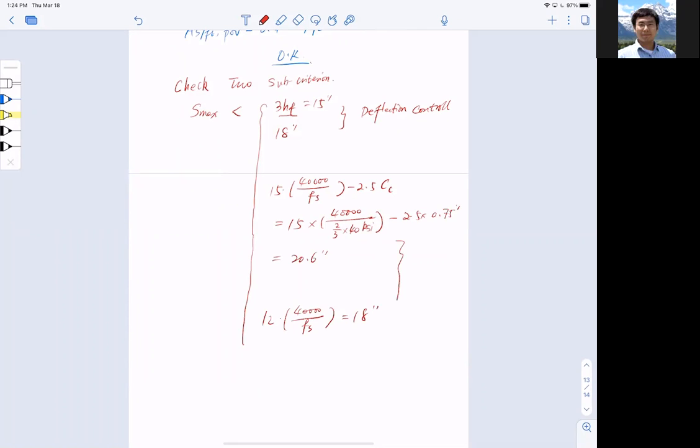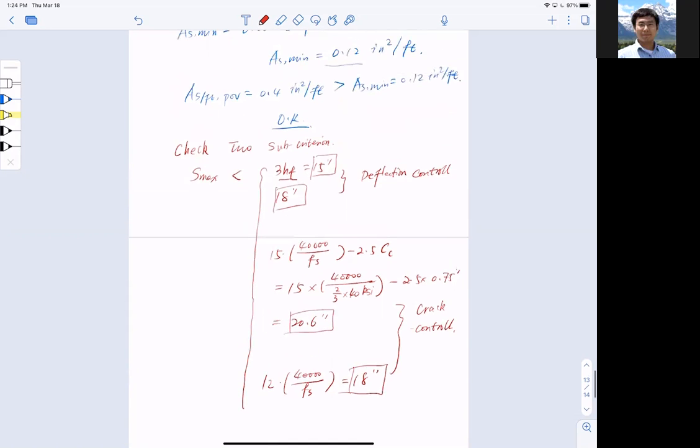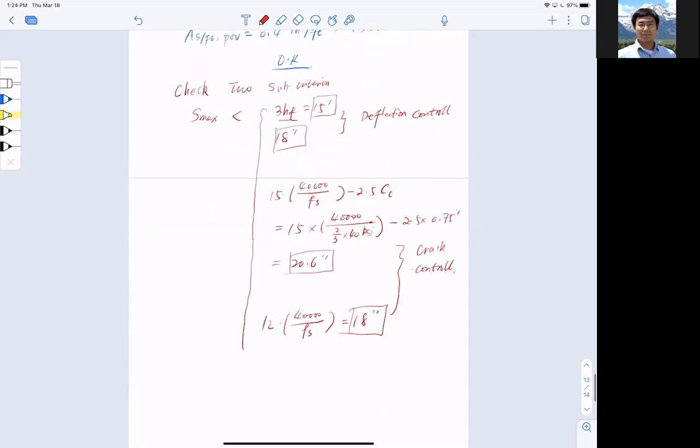Now, if you remember, these are the crack control sub-criteria. Let's go over them to see which number controls. I have 15, 18, 20.6, and 18 here. These are all the criteria.